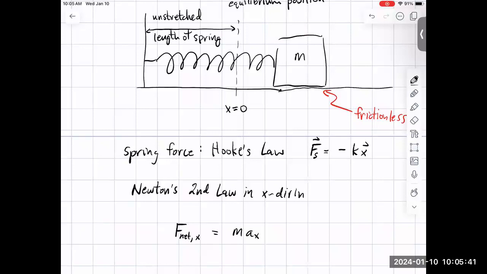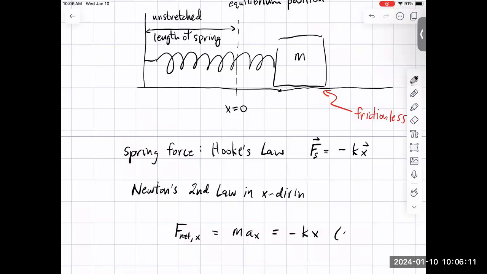Now we just have to sum up all of the forces acting horizontally. There is only one force in the horizontal direction because we've neglected friction, and that is just the spring force. So we would just have m a_x equals minus k times x. And so this is our equation of motion.